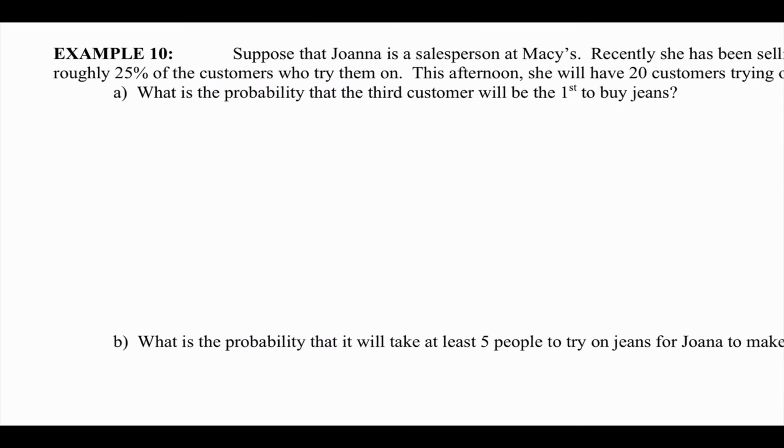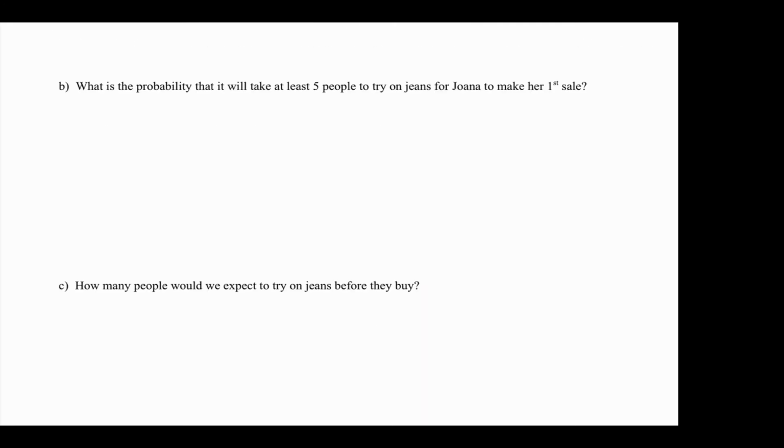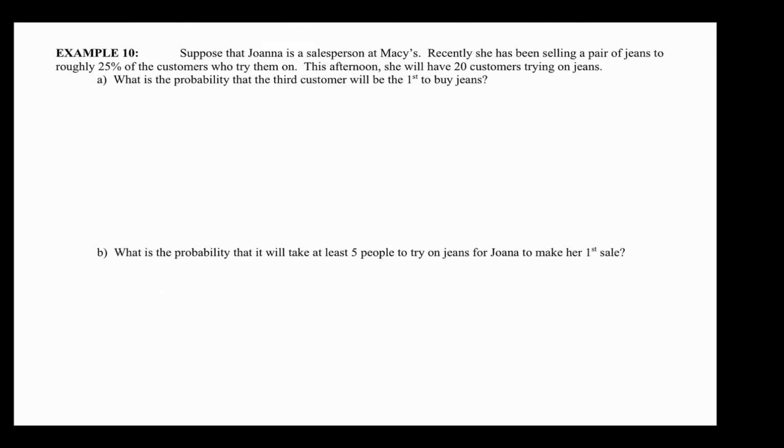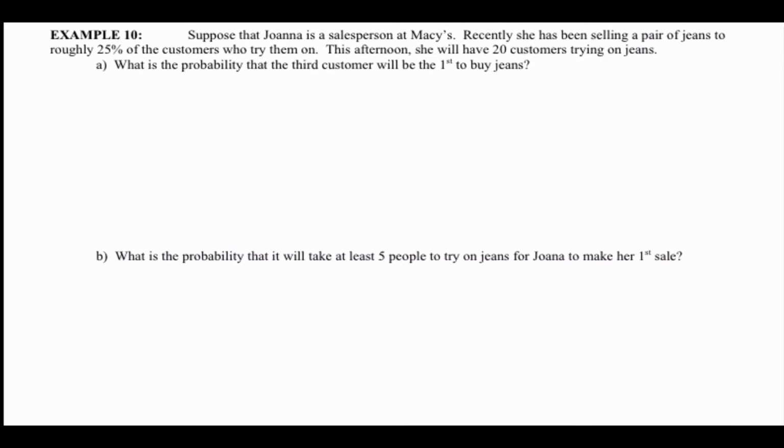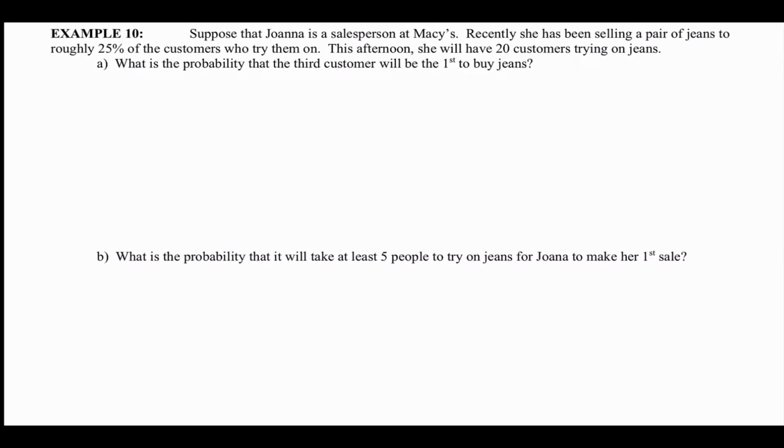All right, so last example for this guy right here. 25%. I wish they would use a different probability, but oh well. Okay, suppose Joanna is a salesperson at Macy's.